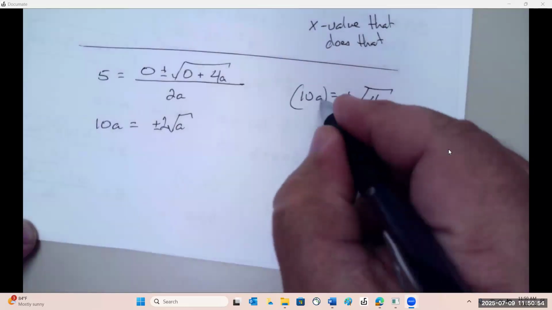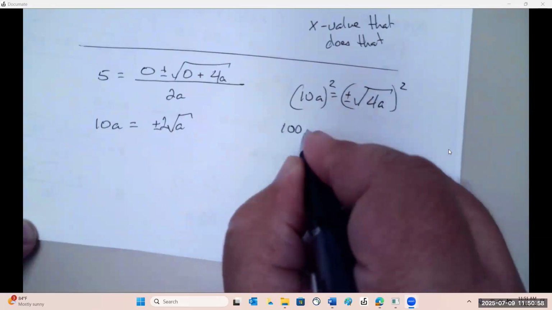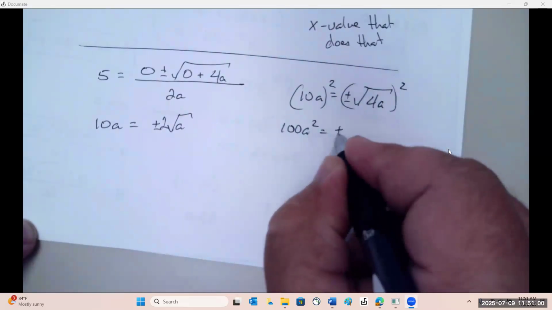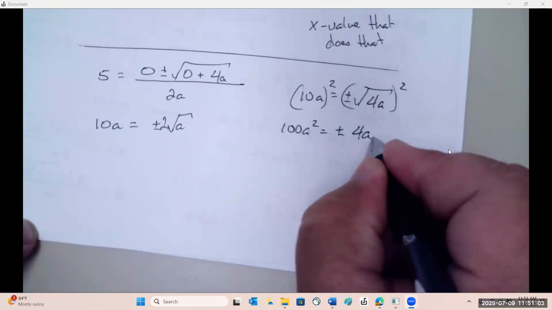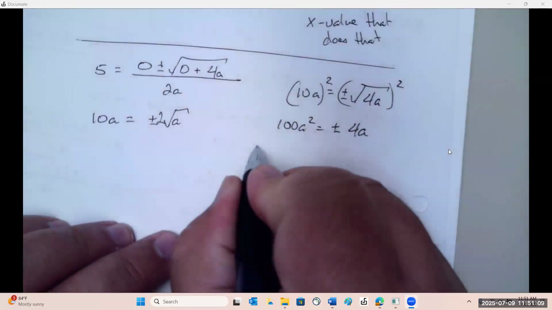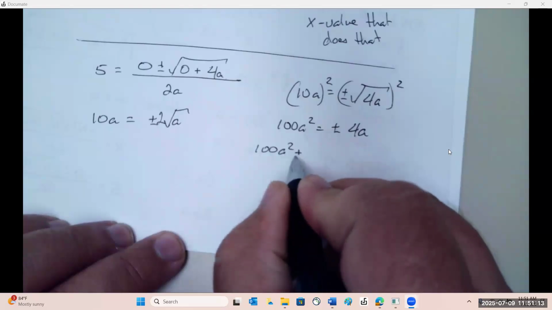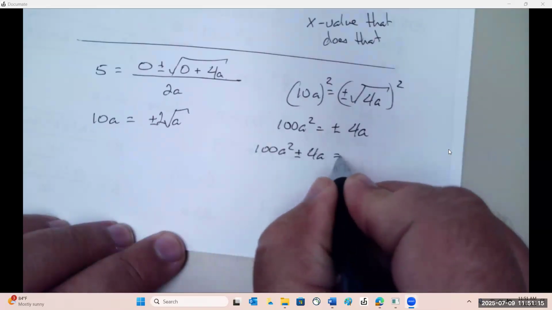We could have squared both sides. So we have 100a squared plus or minus 4a equals 0.